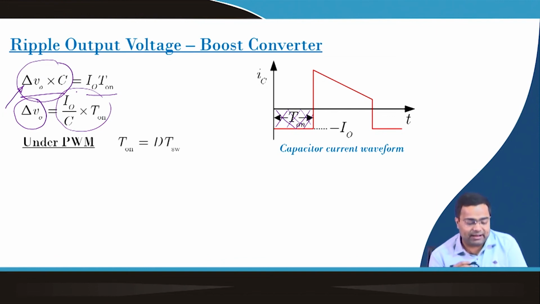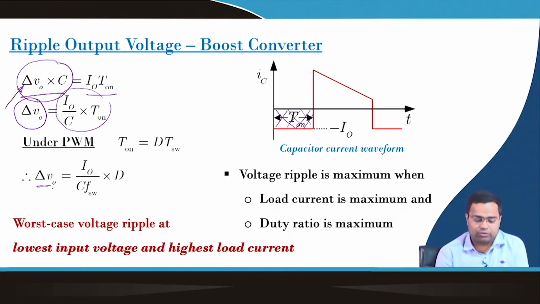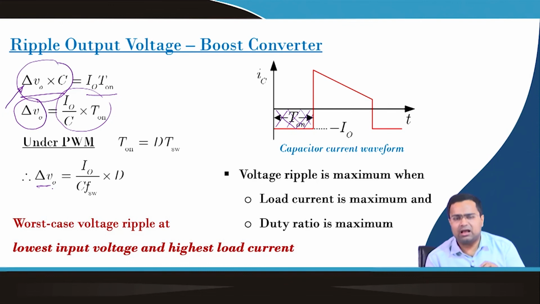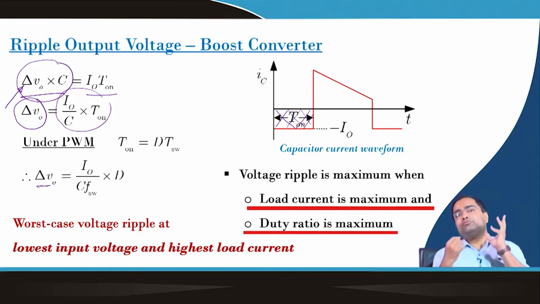So, you can find out under pulse width modulation, the output voltage ripple is maximum at maximum duty ratio, and it is also maximum at maximum load current. So, the worst case output voltage ripple will happen at highest load current condition and highest duty ratio, that means the lowest input voltage condition.